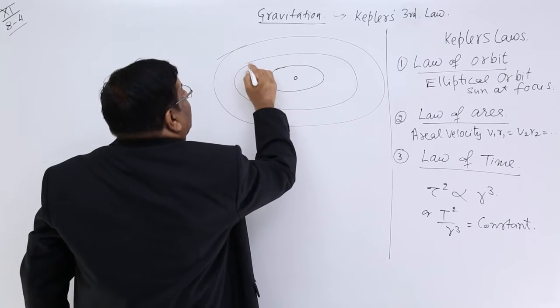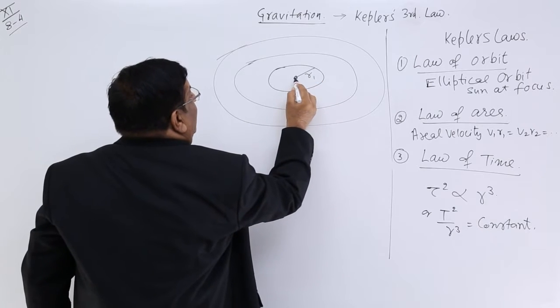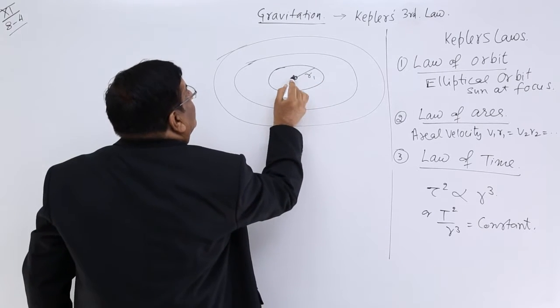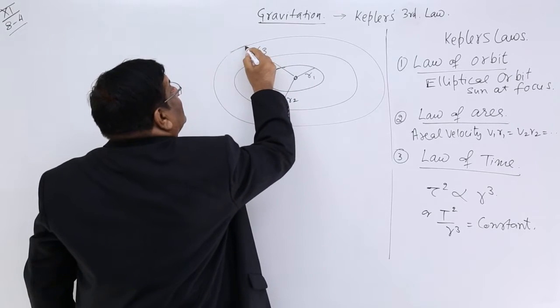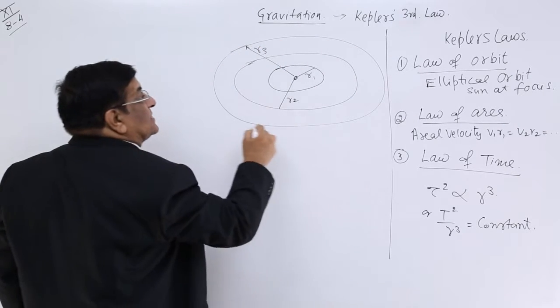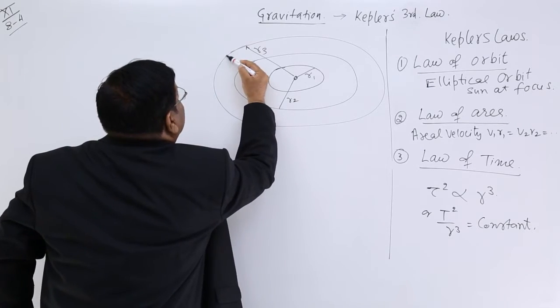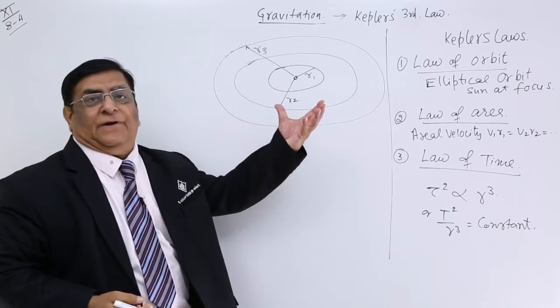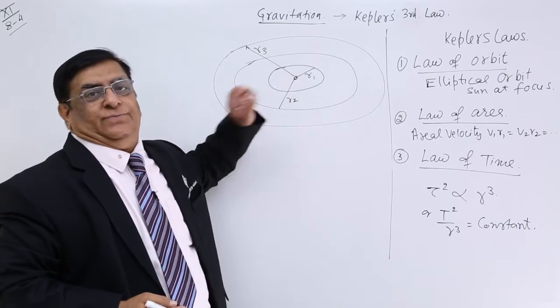Every planet is making an elliptical orbit and their radii are different. And the time for completion of their orbit, for making one complete circle, is different. He established a relation between the two.